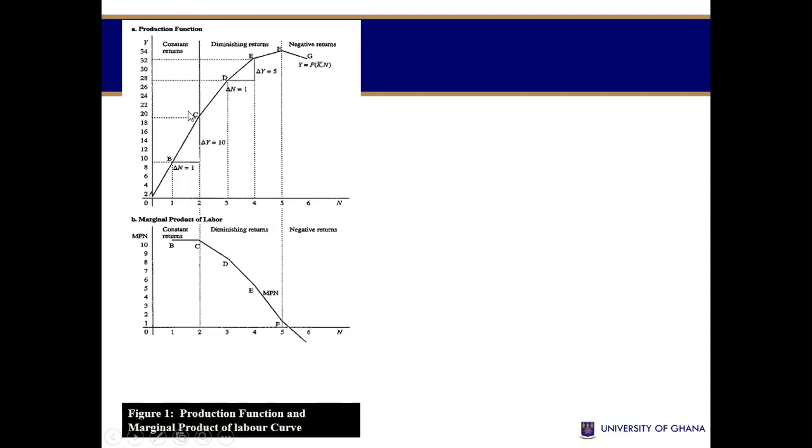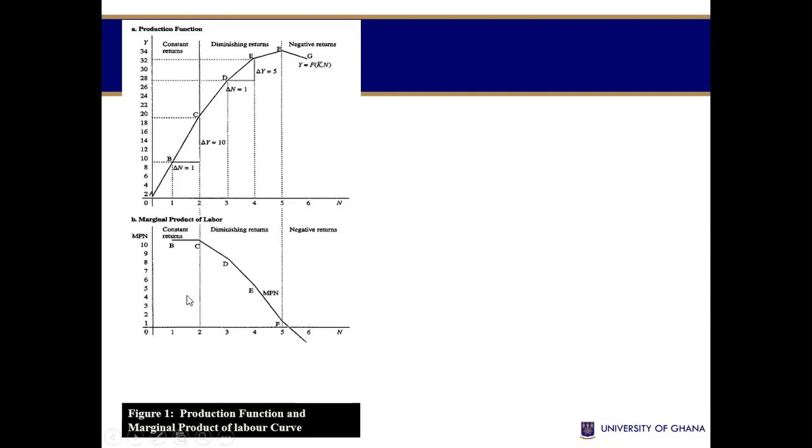In SHS, we call it the TP curve, the total product curve. The marginal product of labor measures the change in output as a result of a unit change in the units of labor hired.